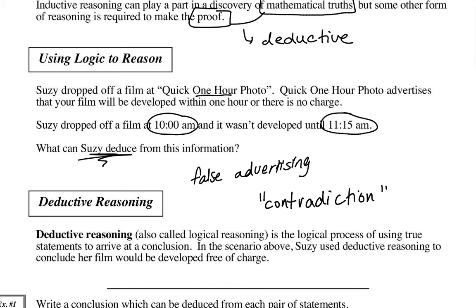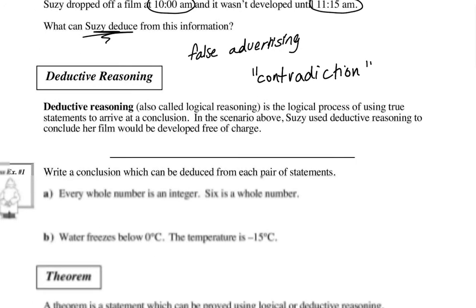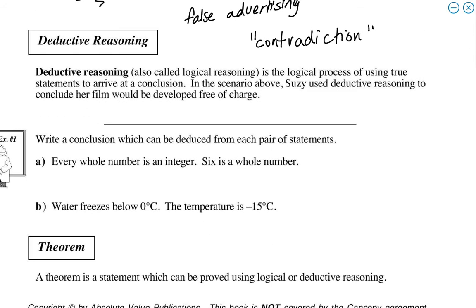Okay, so let's jump into the deductive reasoning, which is also called logical reasoning. This is where you're honestly going to look at me like, wow, I can't believe you just taught me that, because it's so obvious and seems so simple, and you will for sure have test questions like this. Every whole number is an integer. 6 is a whole number.